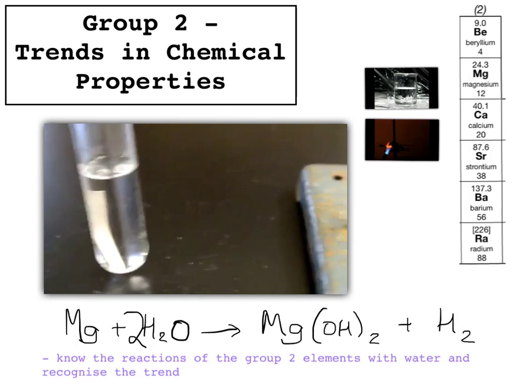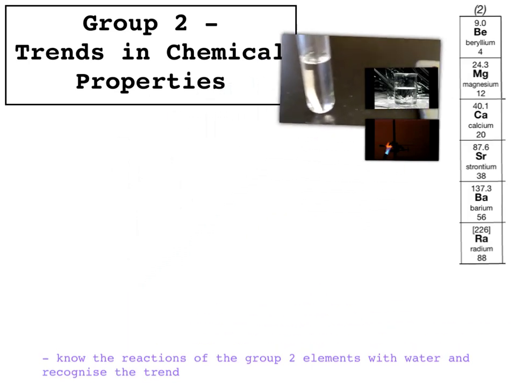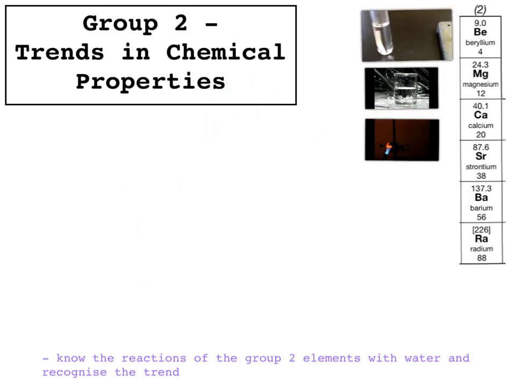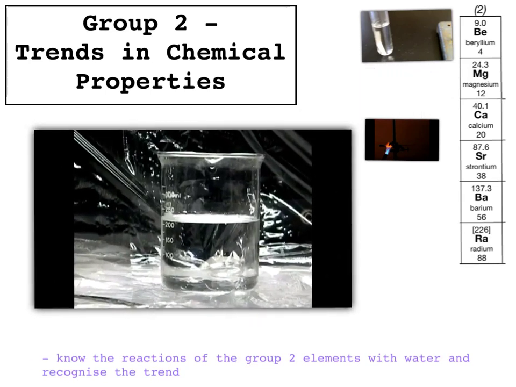Now if we compare that with calcium in water instead, so this next video, calcium is just one down in the periodic table underneath magnesium in group 2. So let's just see how that affects the reactivity of the calcium with water.